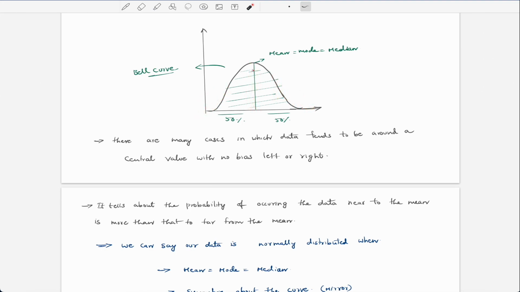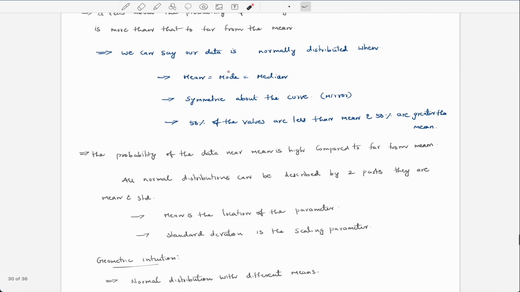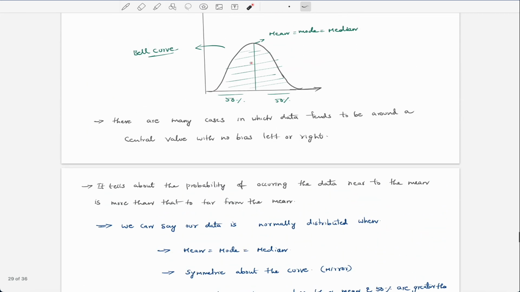So we can say that our data is normally distributed, right? There are three rules, and if these are satisfied, we can say our data is normally distributed. The mean, mode and median should be equal, meaning they have to be at the same point, same line, right?